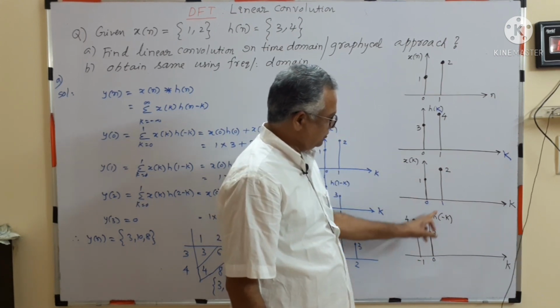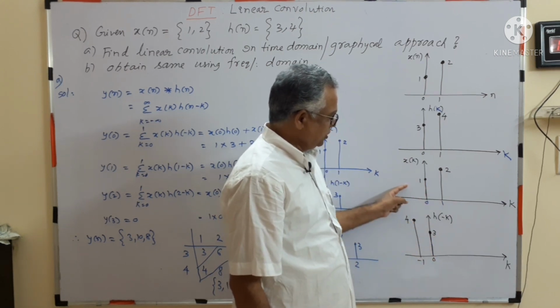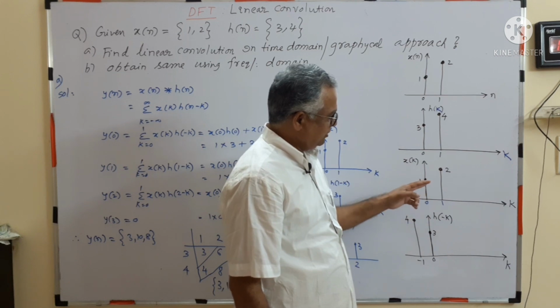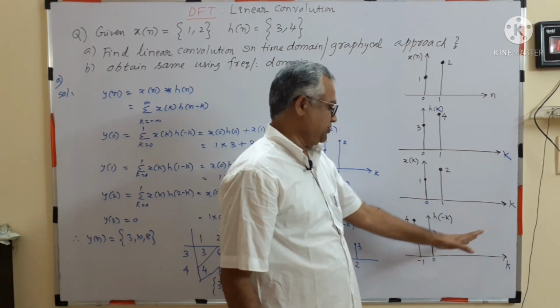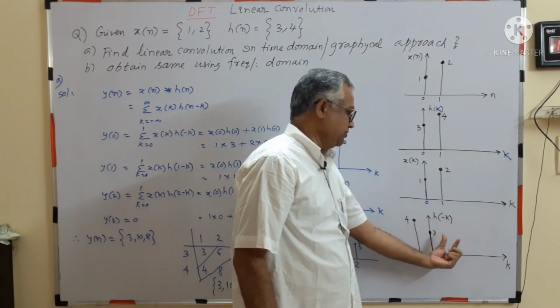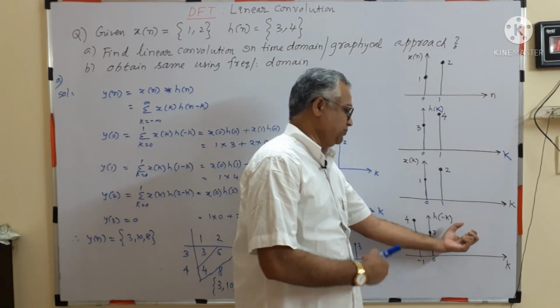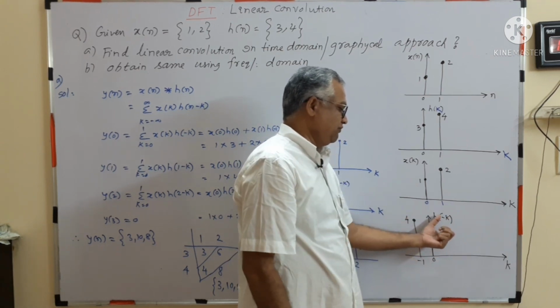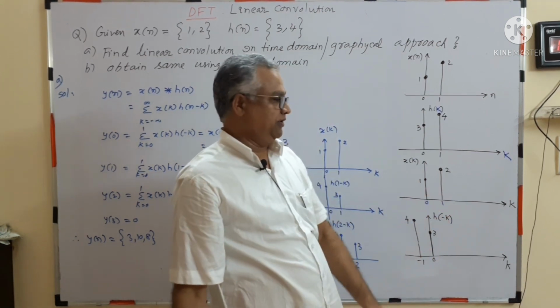So 4 into 0 plus 3 into 1 plus 1 into 0 gives the summation. Next, h of 1 minus k: shift to the right by one step, multiply, add. Another step, shift to the right. That is h of 2 minus k. Again multiply, add. This is how it will go.